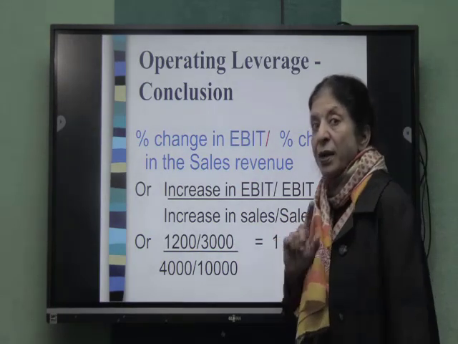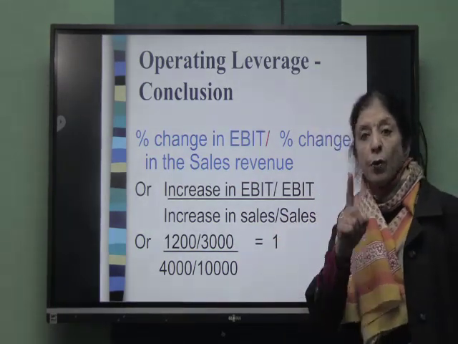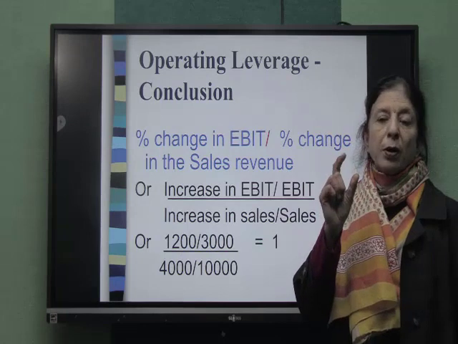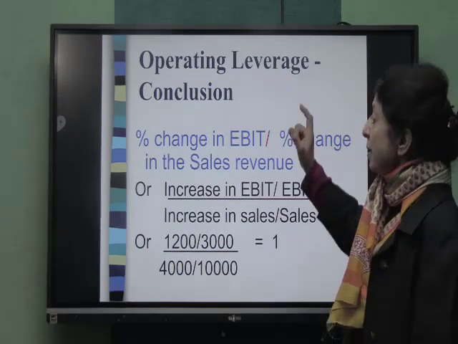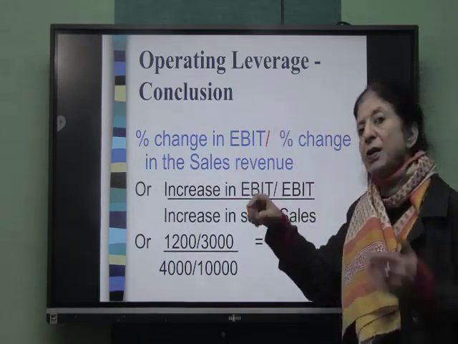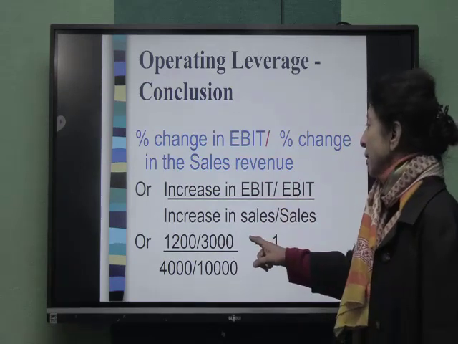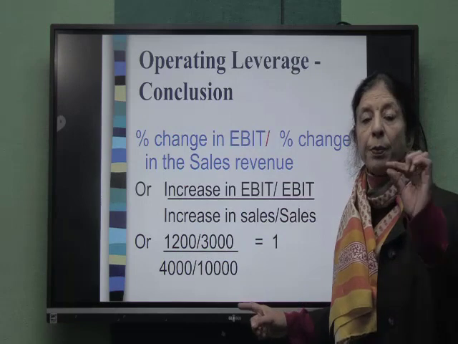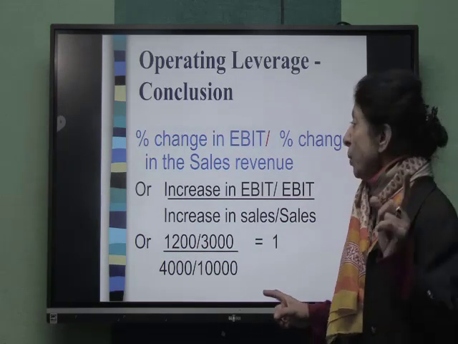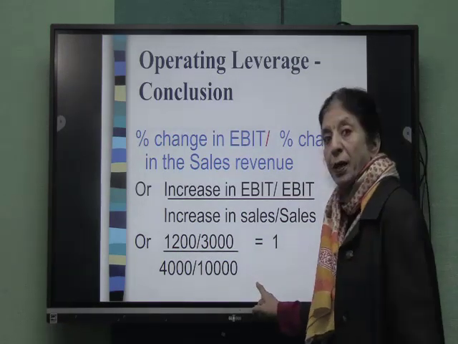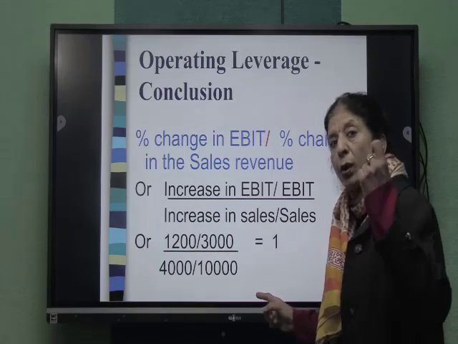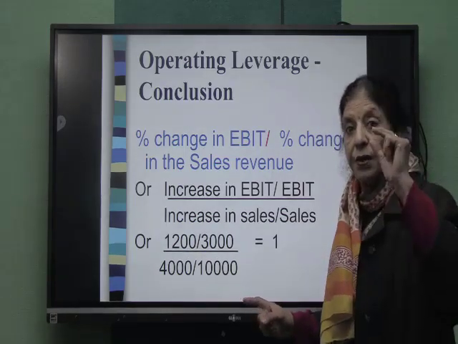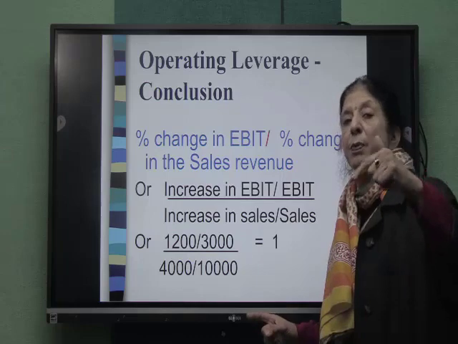Now understand, I was really stressing the presence of the fixed cost. And here intentionally I have taken the example where there is no fixed cost. As a result, here just see, it is 1. That means no operating leverage. Have you understood this thing? That there is no operating leverage because it is coming out to be 1. What I told you previously, that leverage presence will be when it is more than 1.